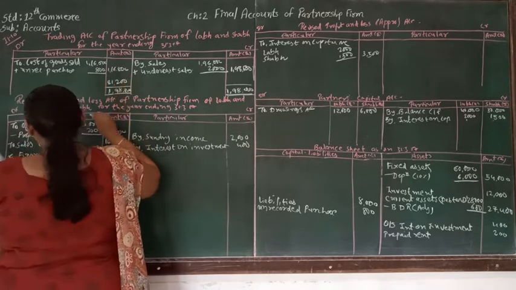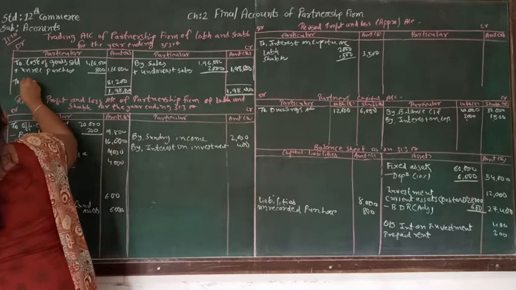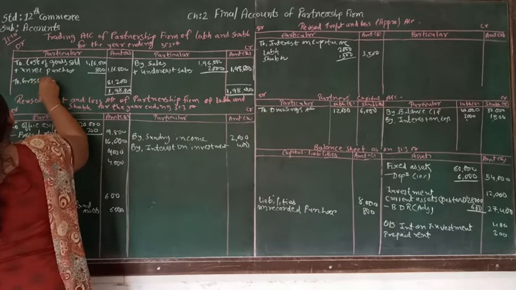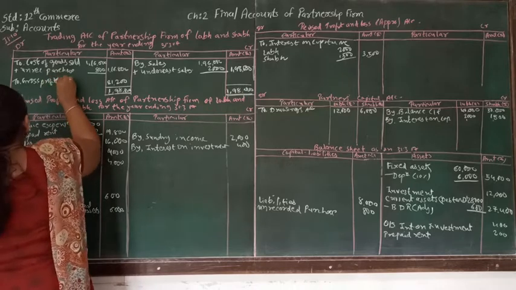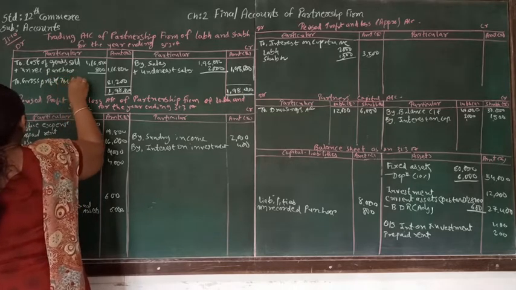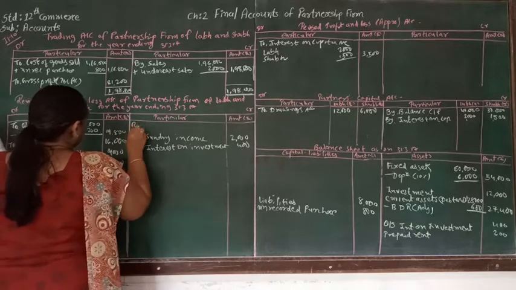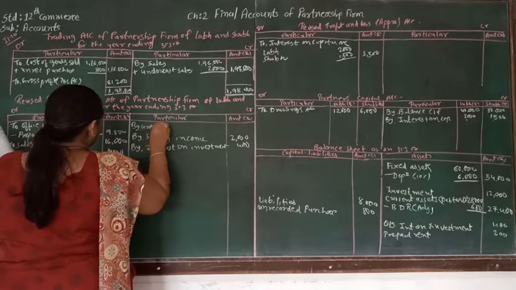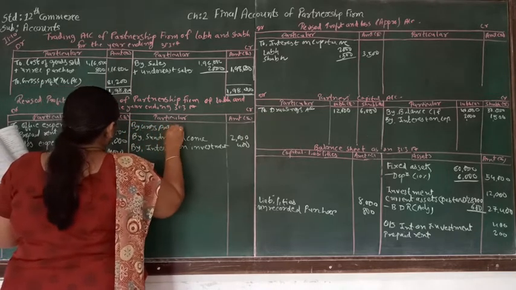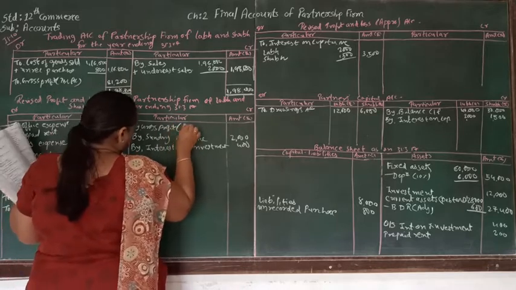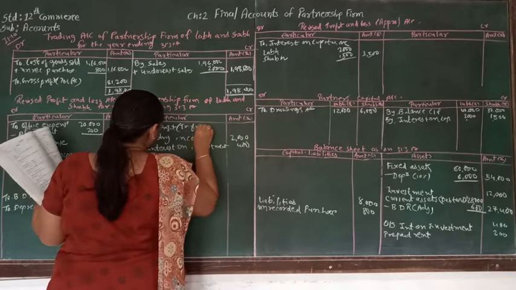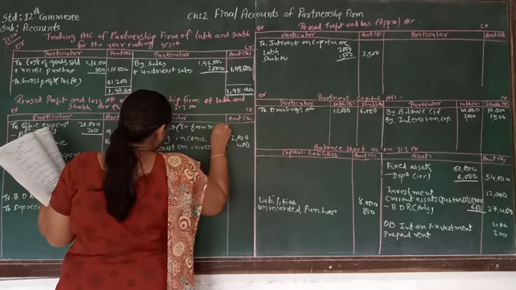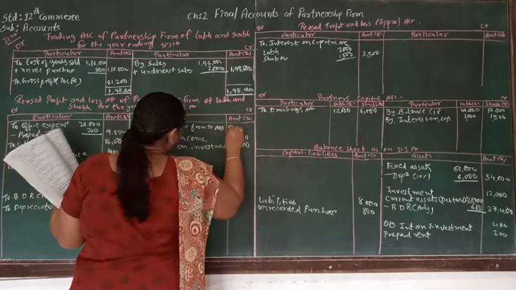So this is our gross profit, and that is supposed to be taken to the profit and loss account, transferred from the trading account. So here 81,200.